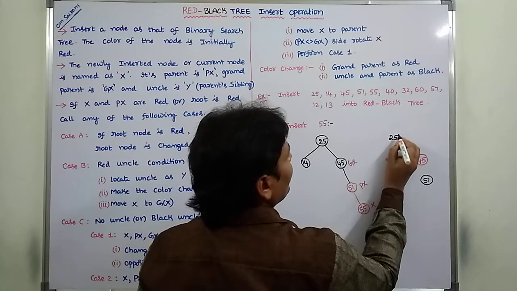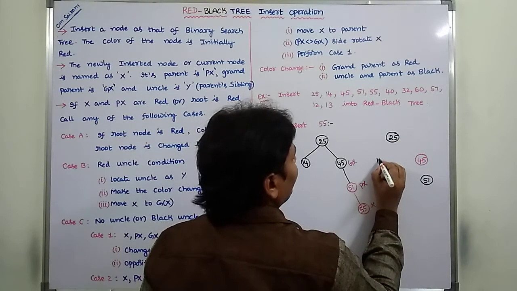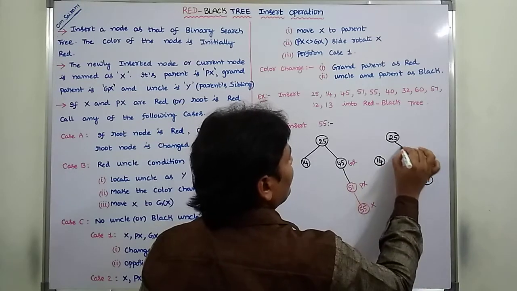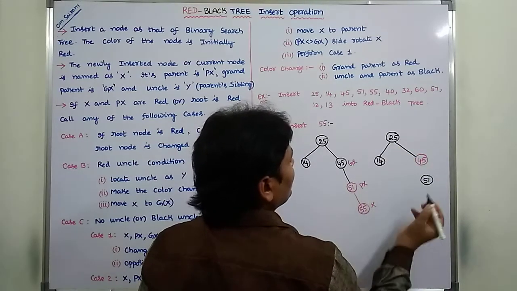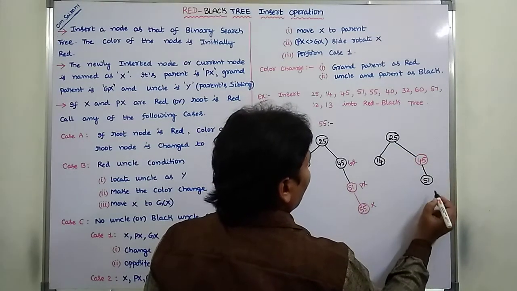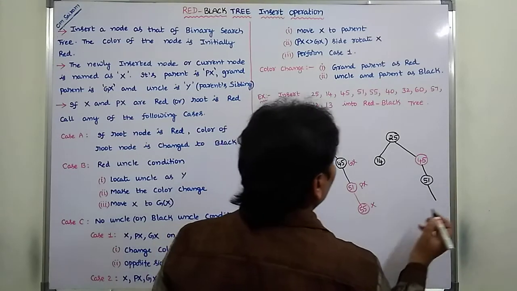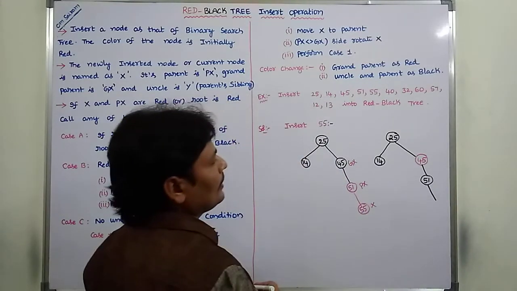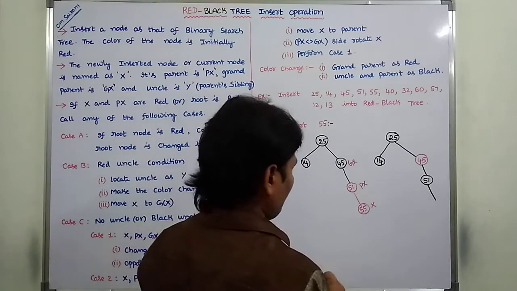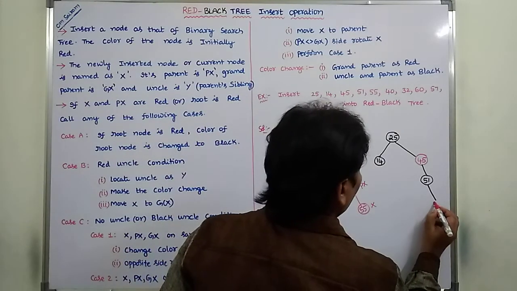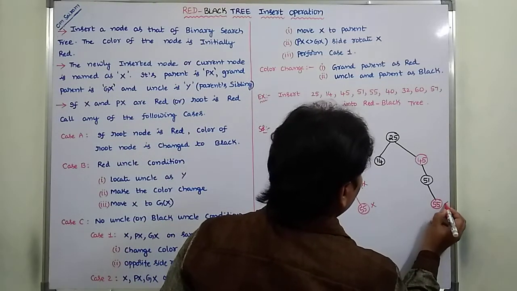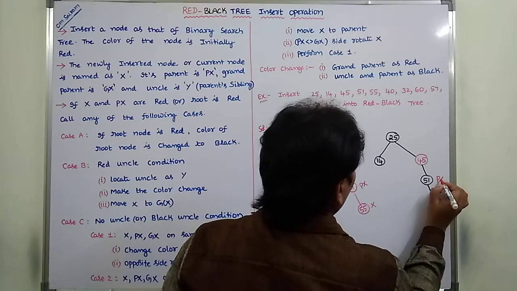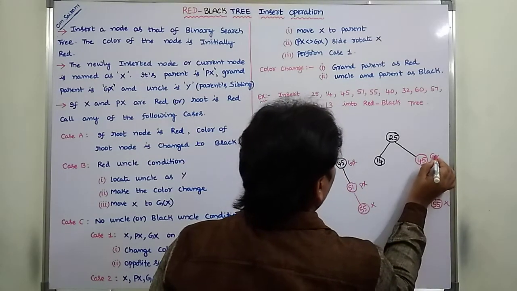So that is 25, and this is 14, and this is 45, 51, and 55. This is x, and this is px, and this is gx.